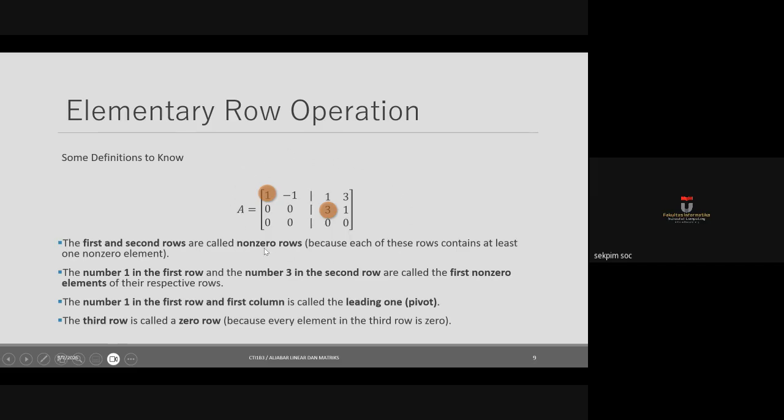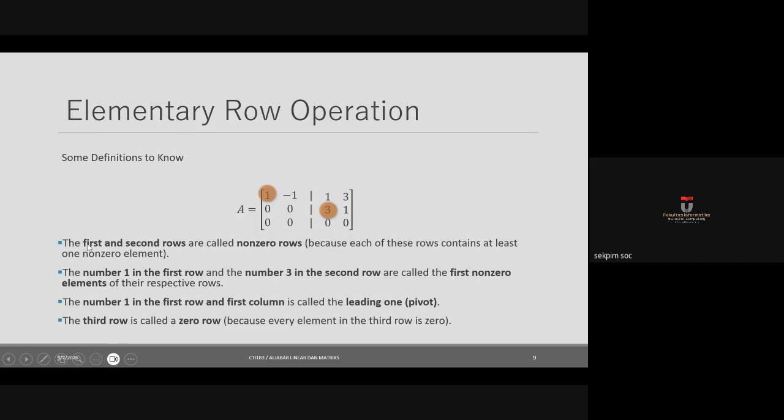You have this sign that means the left-hand side is like an equal or similar: the left-hand side is the matrix before the operation and the right-hand side is the one after.